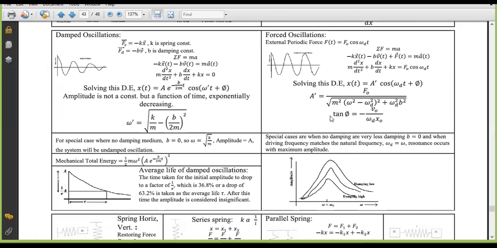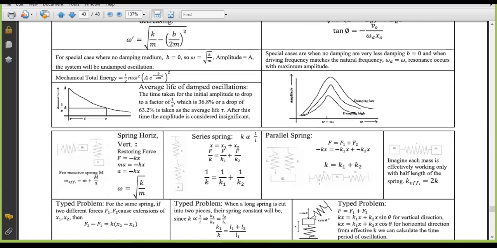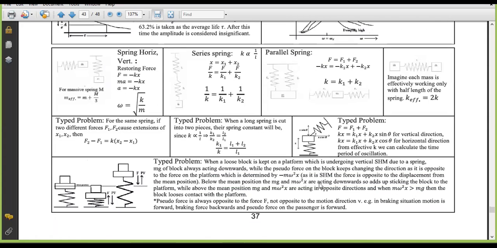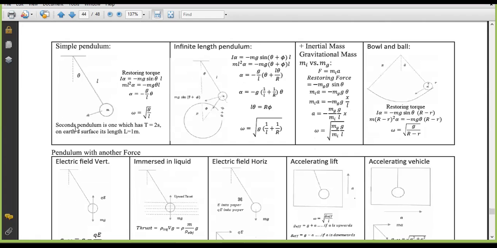Phi is also given by tan phi is equal to V naught by omega d x naught. I don't think these things are discussed in your textbook. Pendulum is discussed, I think. Bowl probably it's discussed.